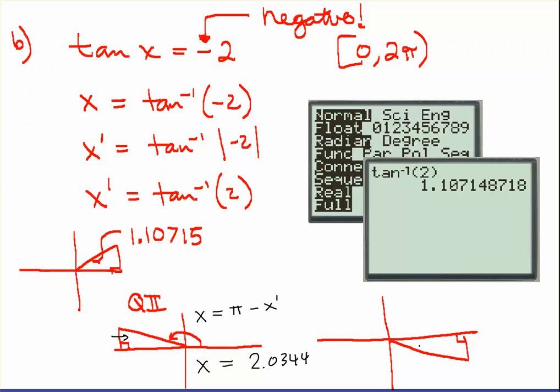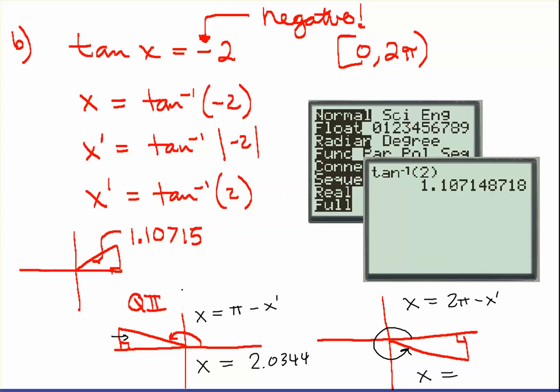Now we're in quadrant 4, so we want this angle now. Remember with degrees it's 360 subtract that angle. Now it's going to be 2 pi subtract that angle, and x is equal to? We use 2.0?